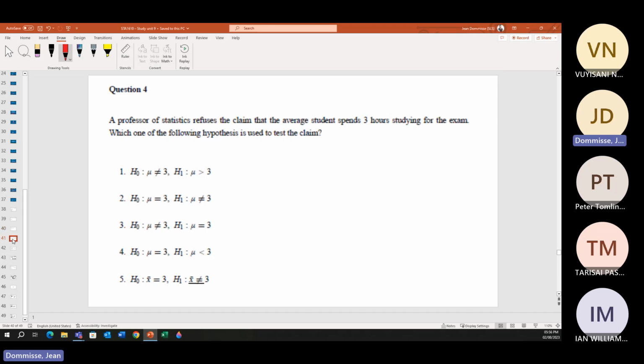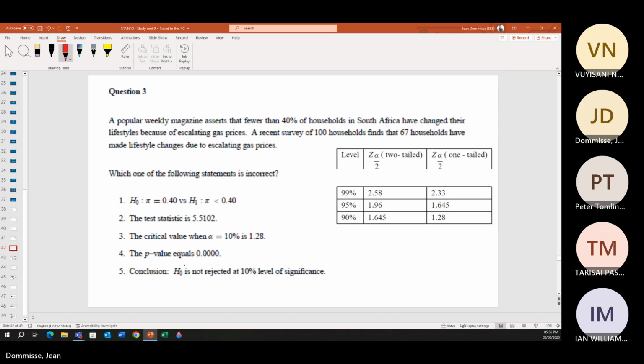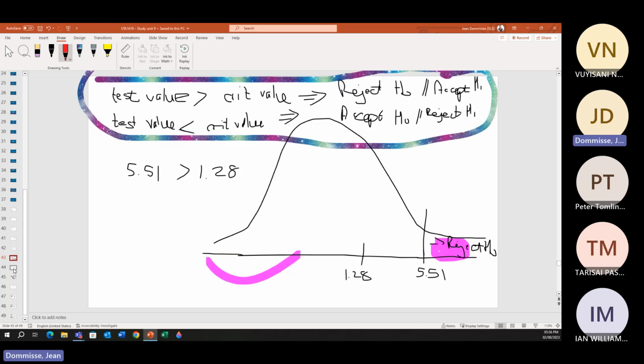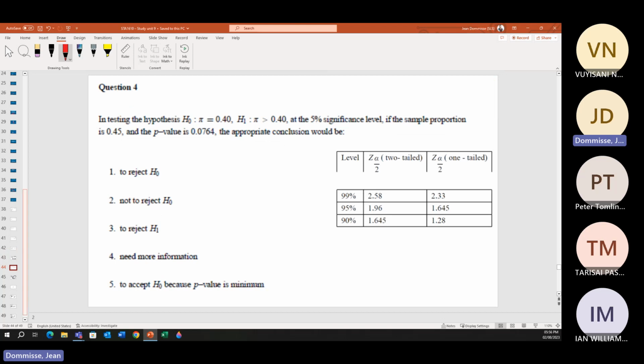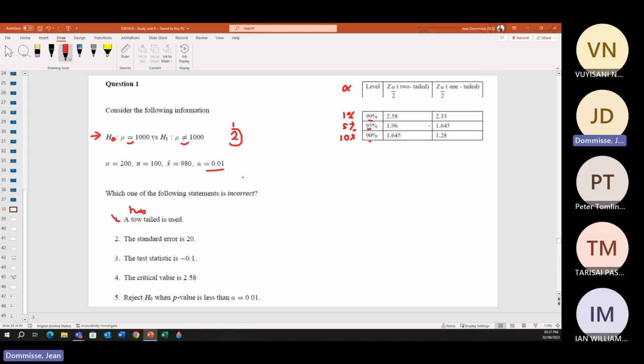So we've identified the first step about the hypothesis.